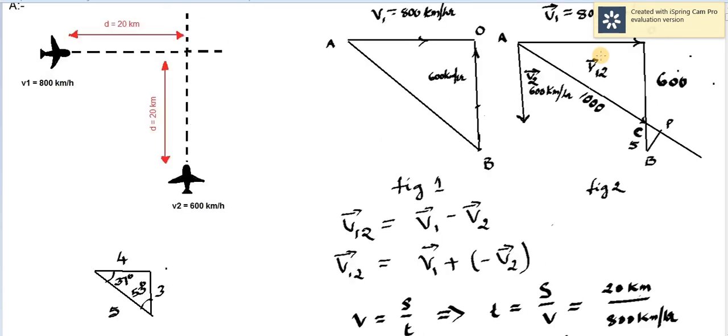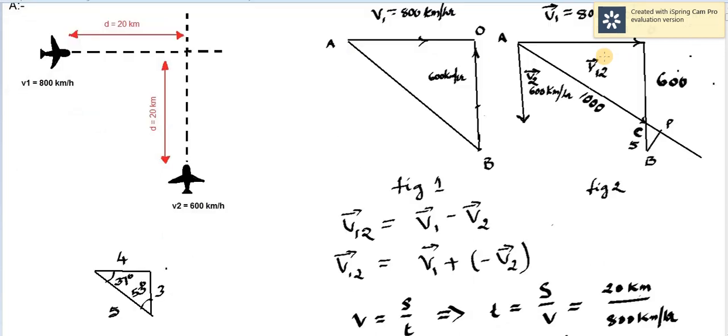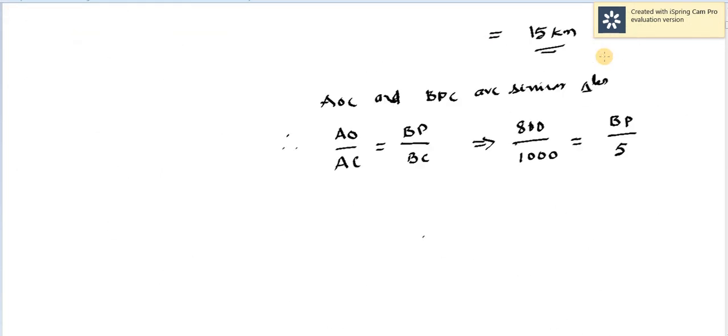Remember, the perpendicular drawn from point B on the relative velocity vector would give us the minimum distance between the two planes when they travel in this fashion. BP is the minimum distance between the two planes.